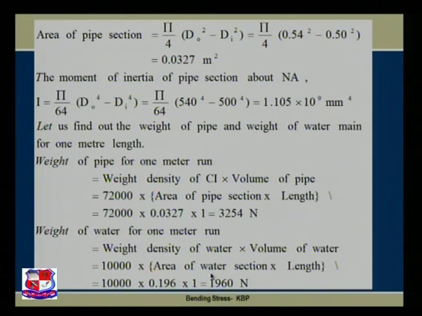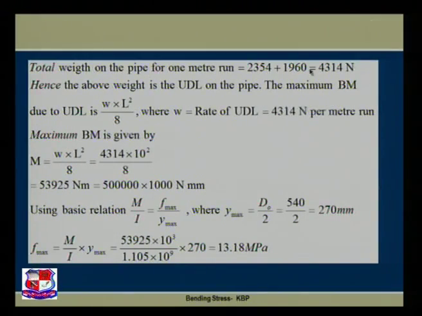So, per 1 meter length, the weight of the given pipe is equal to the weight of the cross section of the pipe, that is the cast iron, and the weight of the water, and the summation of both is 4313 Newton. Now, the above weight is the UDL on the pipe.